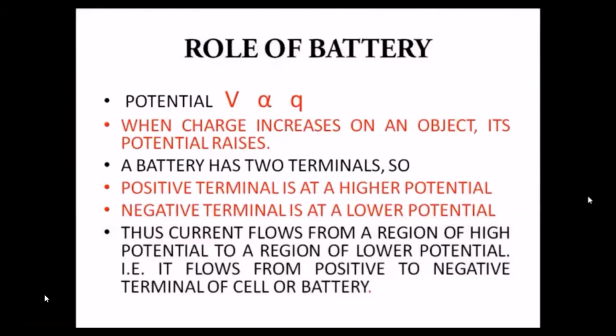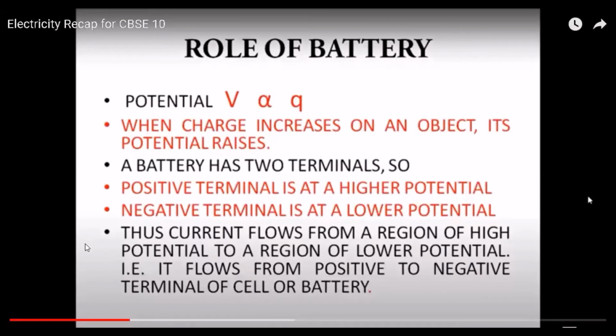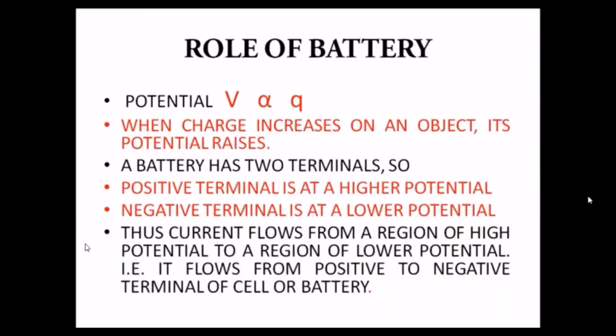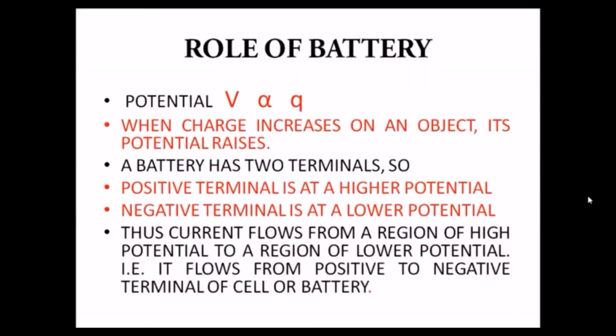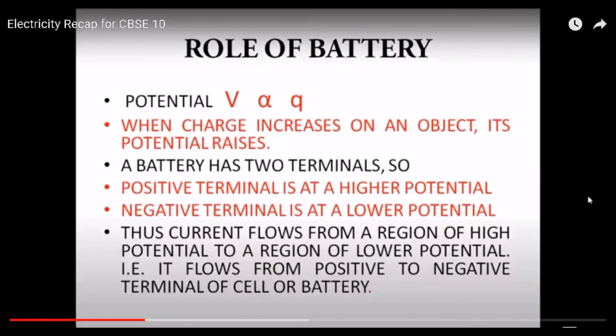So, positive terminal of a battery has higher potential and negative terminal of a battery has a lower potential. Since current always flows from a region of higher potential to that of lower potential, it will flow always in a circuit from positive to negative terminal of cell or battery.